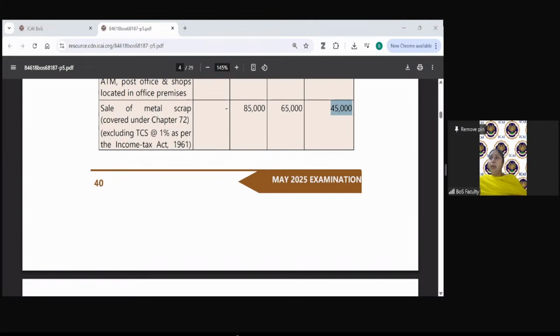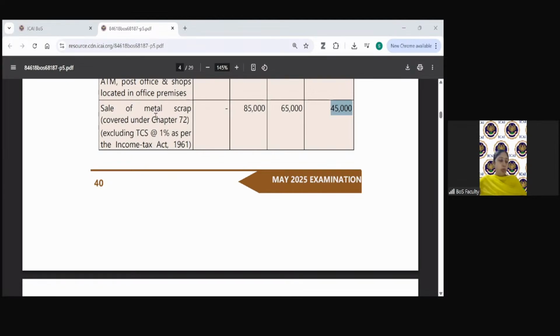Sale of metal scrap. First of all, let us see whether this TCS amount will be included in the value or not. TCS is just an interim levy, and therefore TCS is not included in the value of taxable supply as per GST. In fact, the correct way of levying tax here is computing taxes on 45,000. First of all, GST will be levied at the rate of 18%.